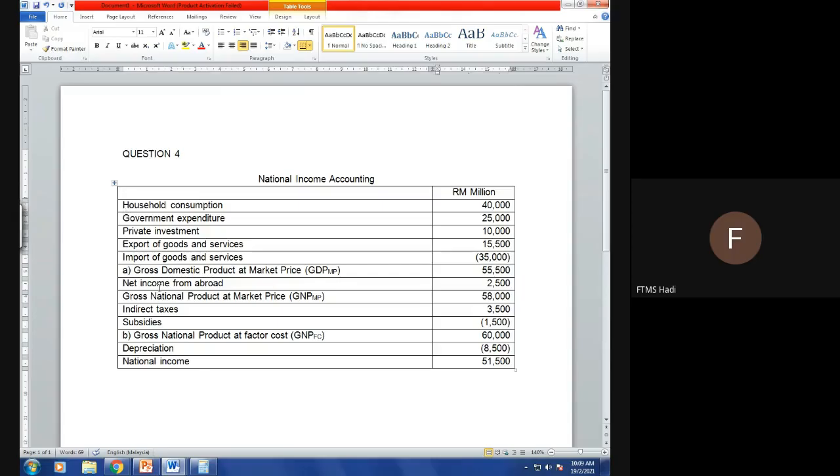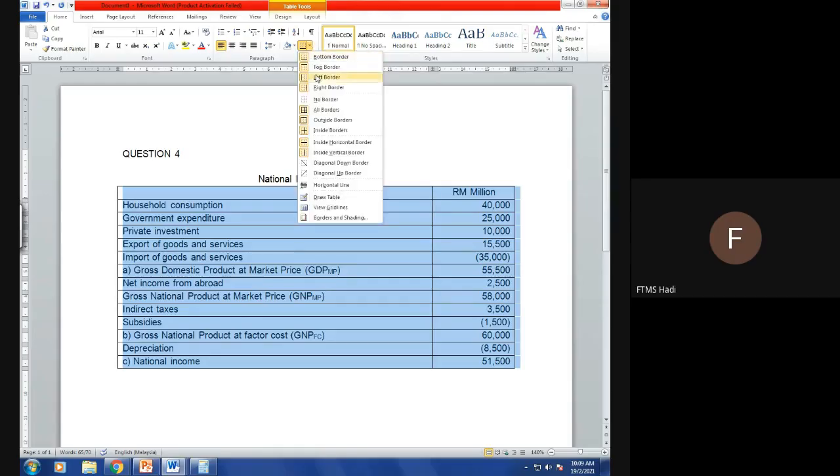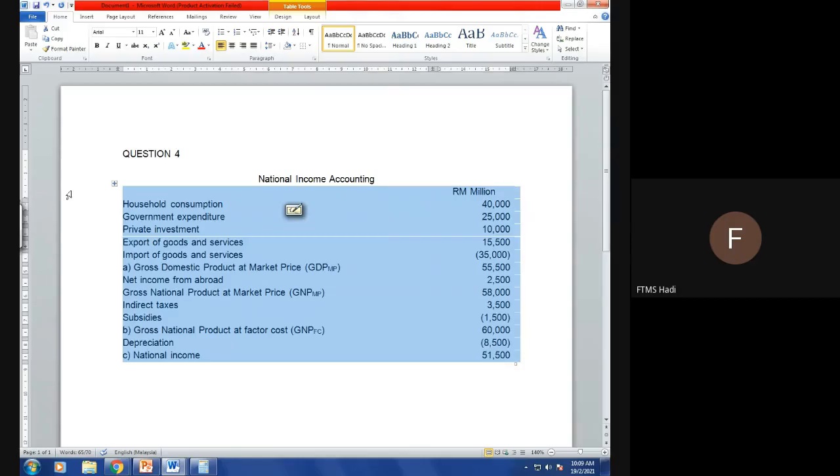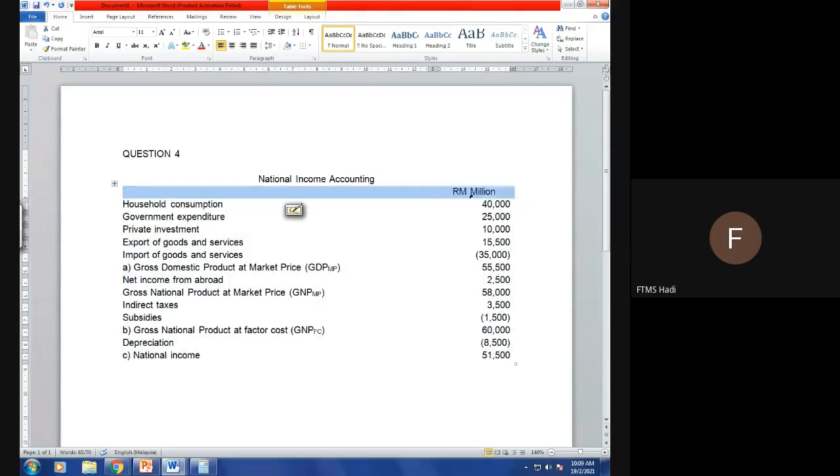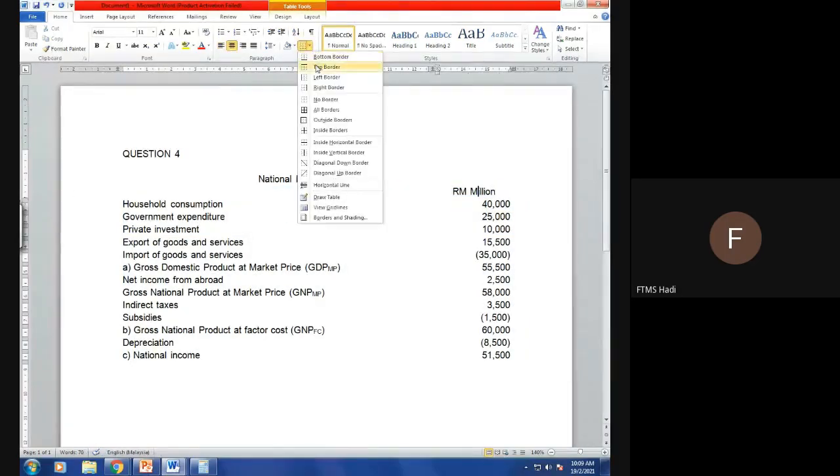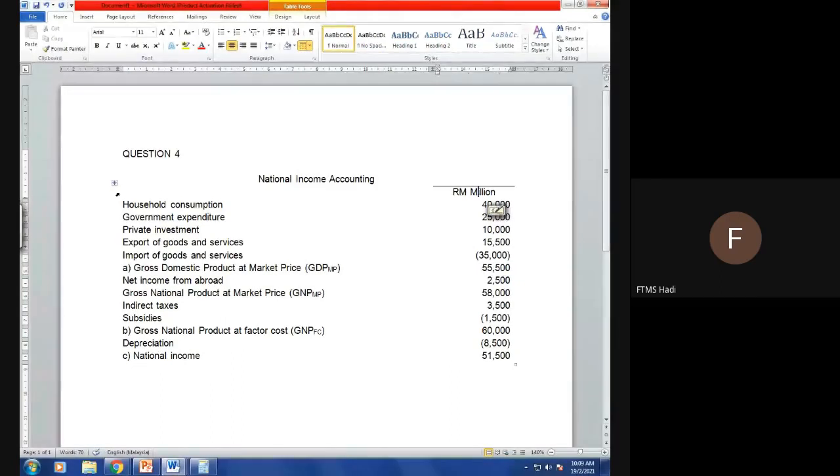How to make it neat? Go for no border, and then highlight the upper table top. Maybe you can bold a little bit.